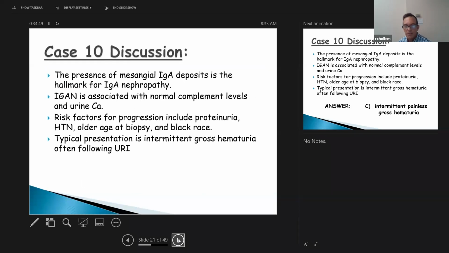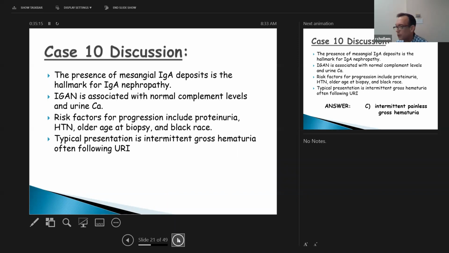So mesangial IgA deposits are hallmark for IgA nephropathy. It is a normocomplementemic renal disease. So remember, on board questions, they'll throw IgA in there at you as the exception, because I think it's a little tricky because you see IgA, you think immune system, you might go complement involved, but it's normal complement. So don't fall for that.